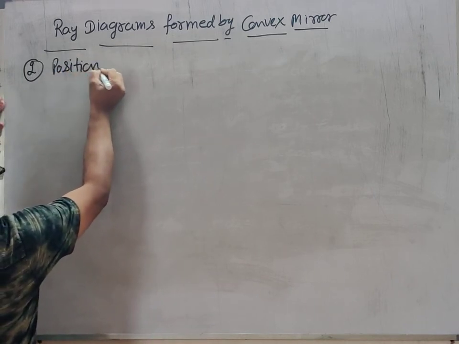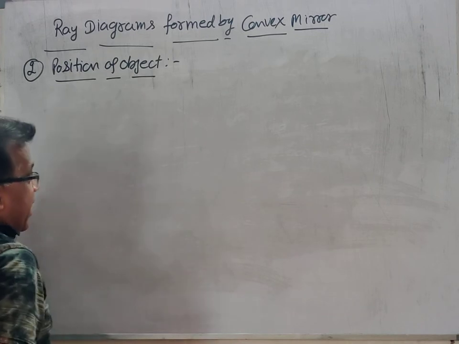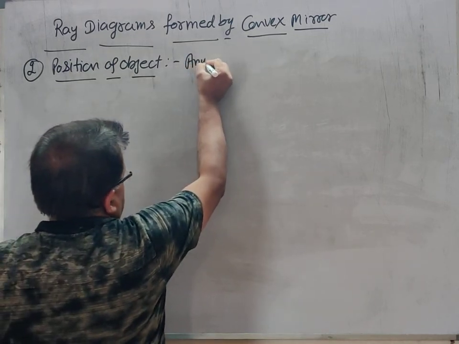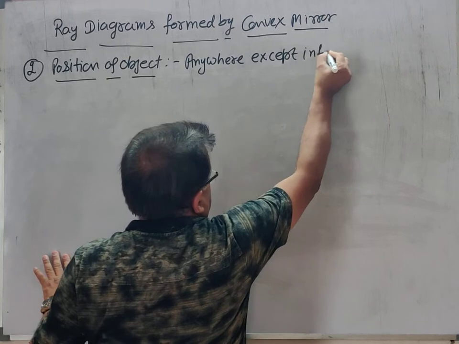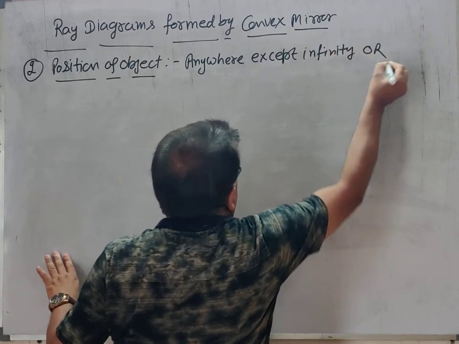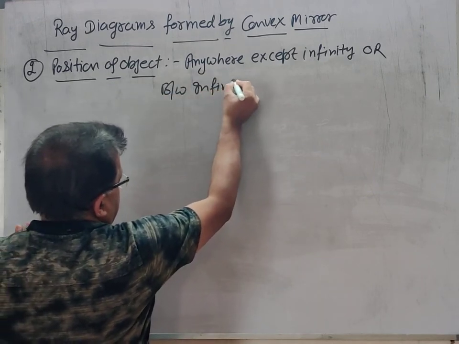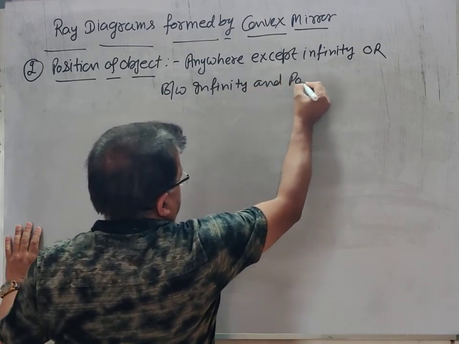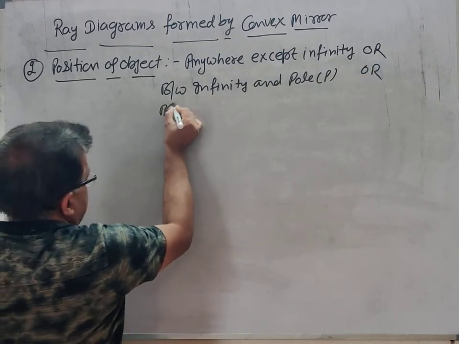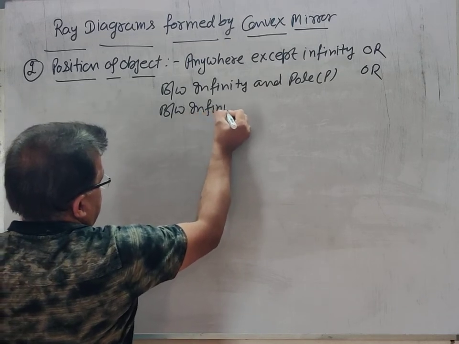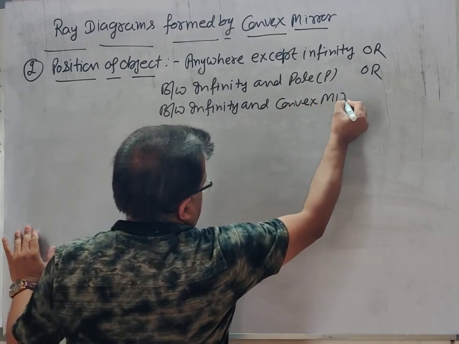Anywhere except infinity, or between infinity and pole of the mirror, that is P, or between infinity and mirror, that is convex mirror.